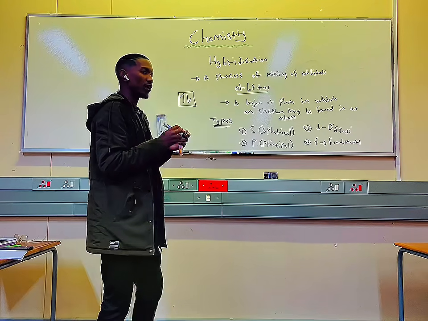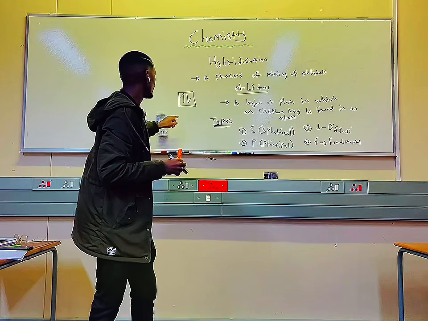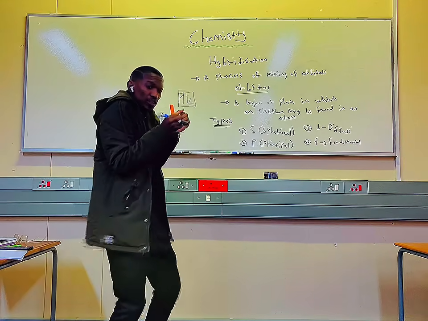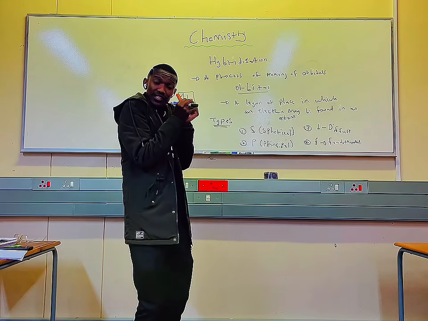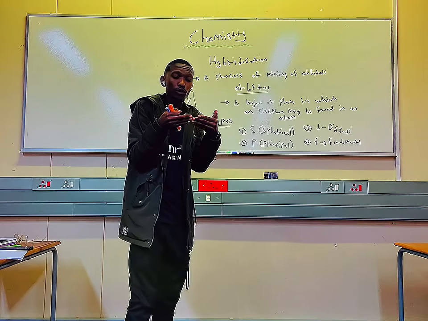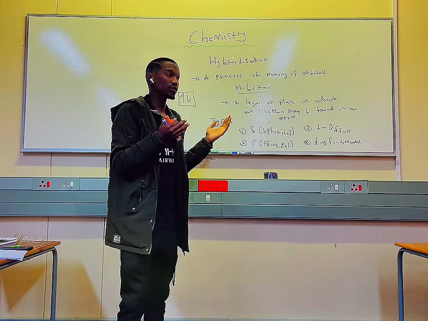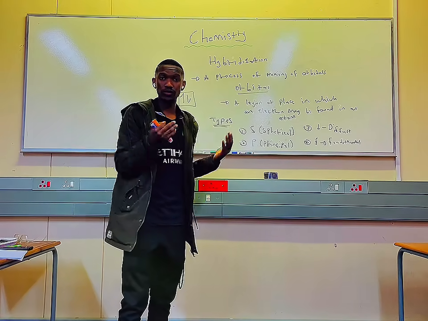Okay, so whenever the shelters are full, you will see electrons having to squeeze each other in the rooms. Electrons are both negatively charged, so there's going to be a force of repulsion.